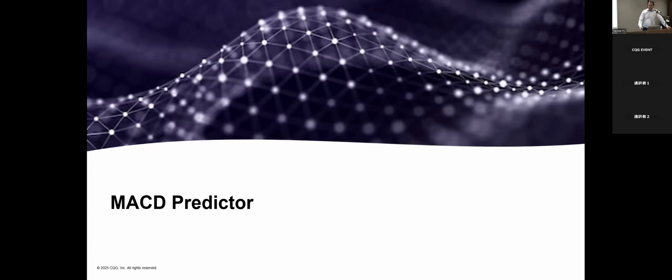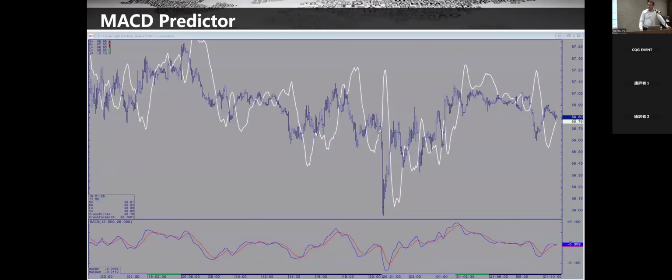What it does is that it allows the user to find out where the price of the next bar needs to close in order for the indicator to cross.